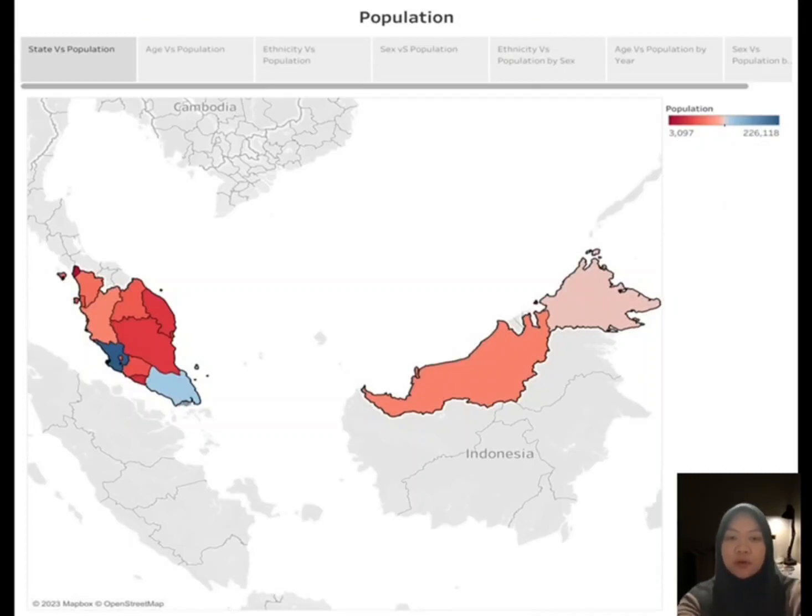On the lower end of the spectrum, Perlis records approximately 9,240 residents, Melaka around 32,310 and Terengganu about 37,729. The Federal Territories of Putrajaya and Labuan have the lowest number of populations, counting around 3,679 and 3,097 residents respectively, while Kuala Lumpur, the capital, has a population of approximately 63,248.